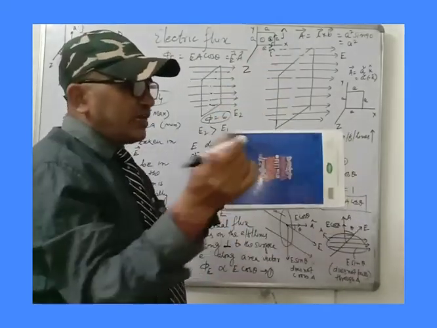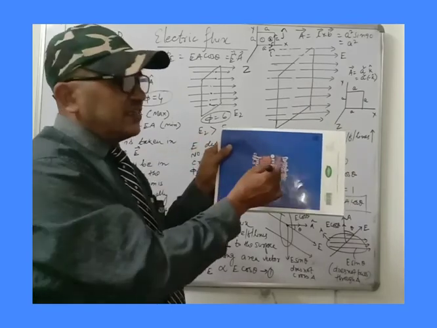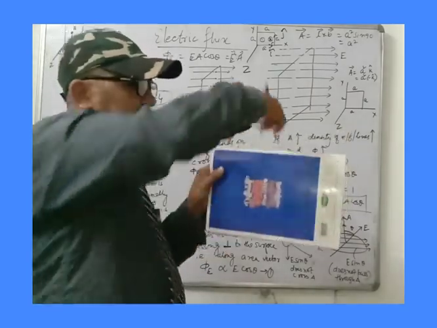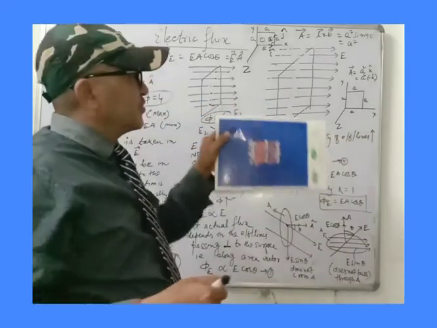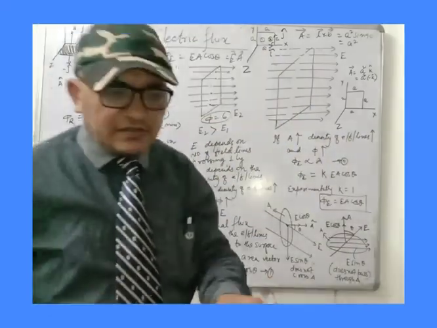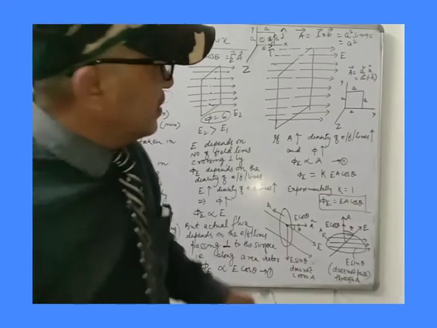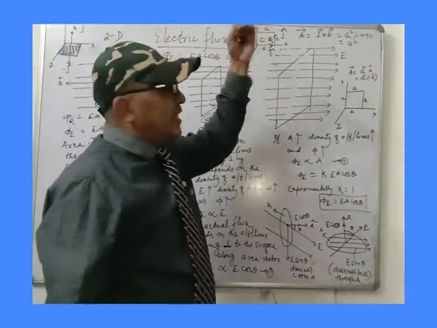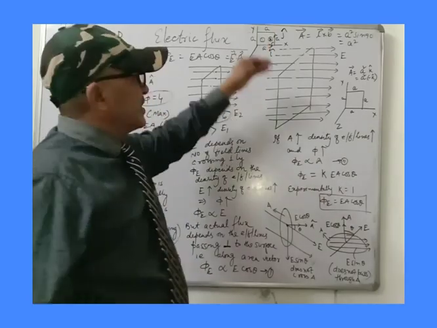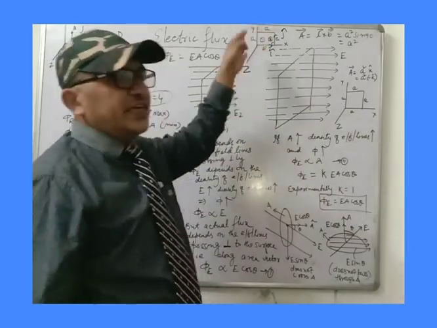If you take this one as the positive Z axis, then it is along positive k cap. If you take this one as the negative Z axis, then it is along minus k cap. So in this case, the direction of the area vector is perpendicular to the surface. It may be outward or inward.